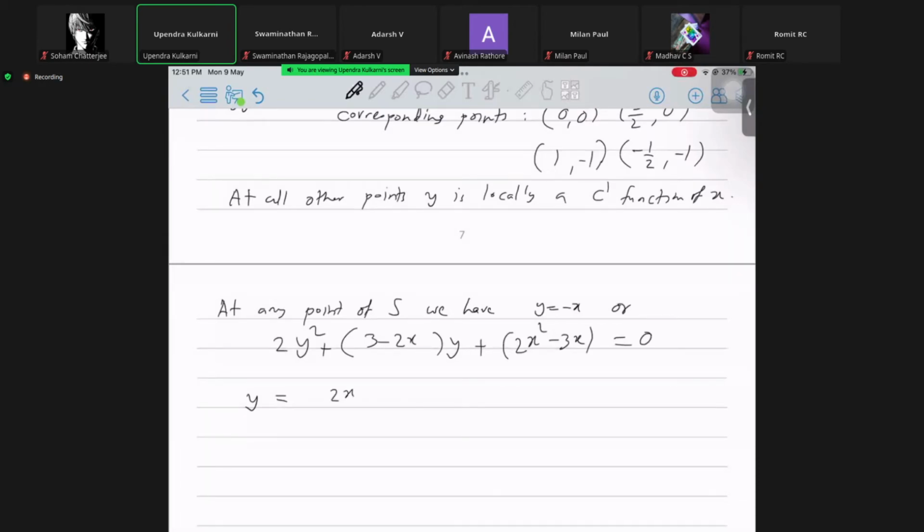So this is going to be 2x minus 3 plus or minus whatever, divided by 4. And then I get to write the discriminant over here. Discriminant.